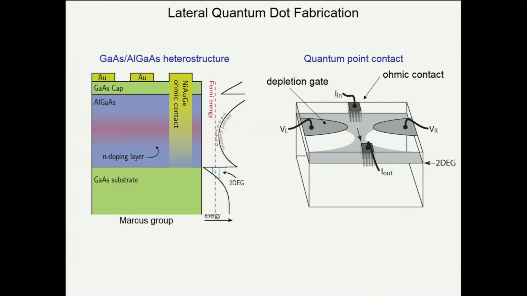There's Coulomb repulsion. And so you can selectively deplete regions of this two-dimensional electron gas. In the case of the quantum point contact, we're just forcing electrons to flow through this narrow constriction here. Okay, so that's a simple starting structure.